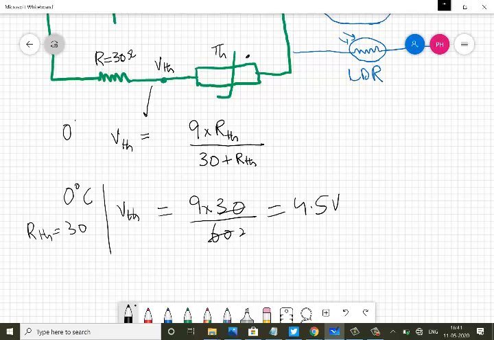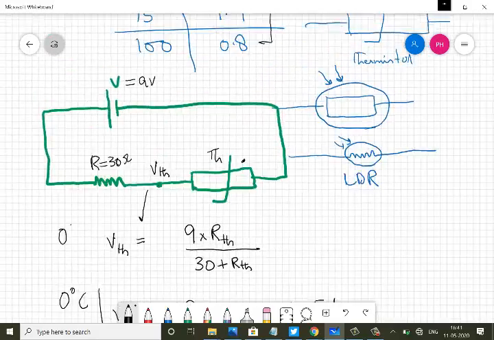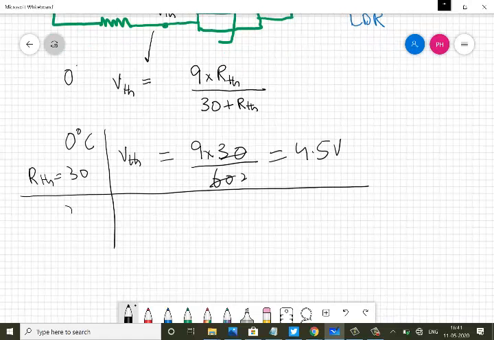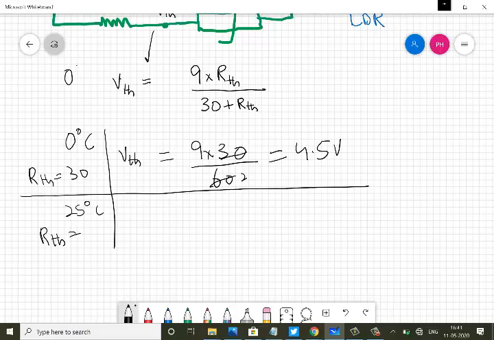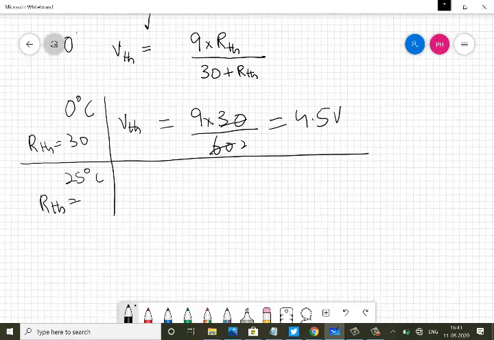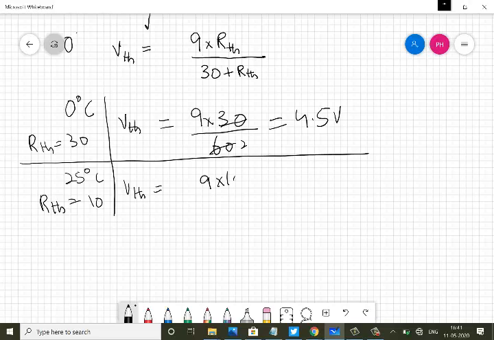And when the temperature rises to 25 degrees Celsius, RTH is only equal to 10 ohms. So VTH equals 9 into 10 divided by 10 plus 30, which is 40, equal to 9 divided by 4, which is 2 point something.